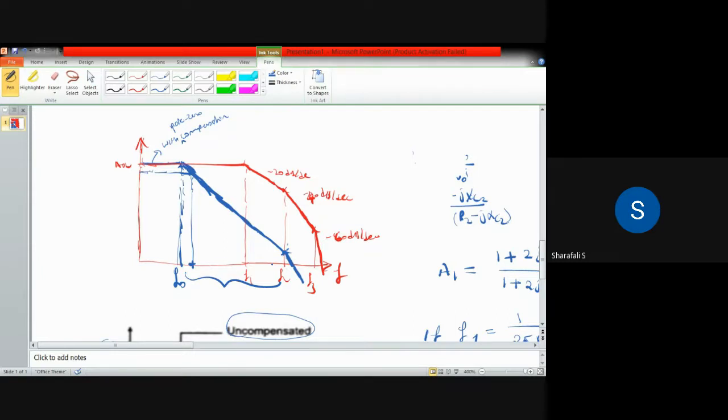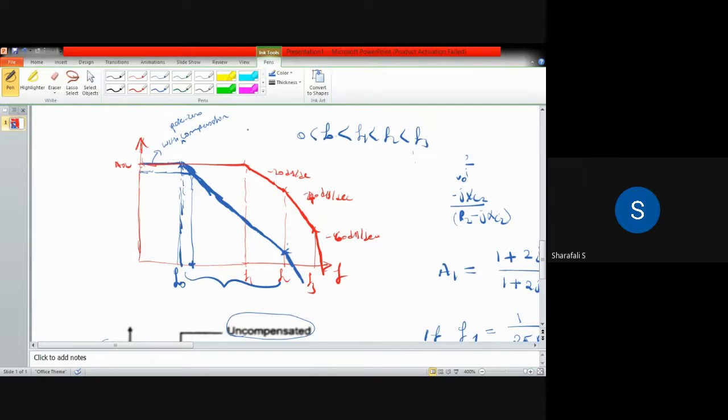This is another important advantage of pole zero compensation as compared to dominant pole compensation, because the gain is reducing very smoothly over a wide range of frequency. So here, as you know, F0 has a condition: F0 is less than F1, less than F2, less than F3, greater than 0. This condition has to be valid.